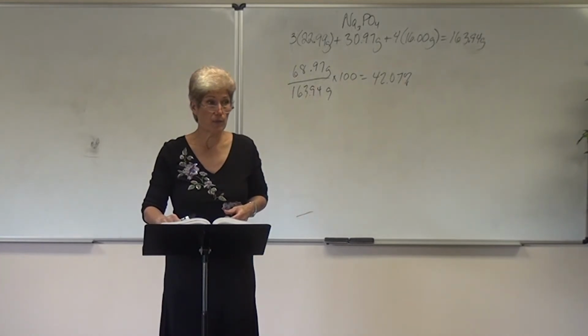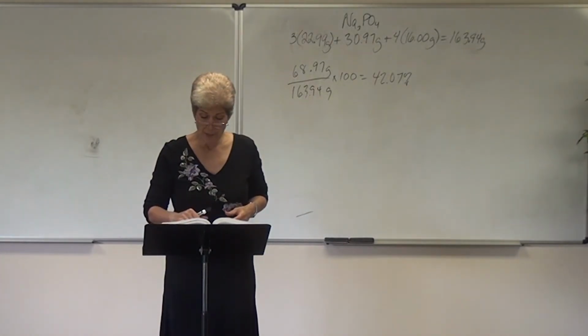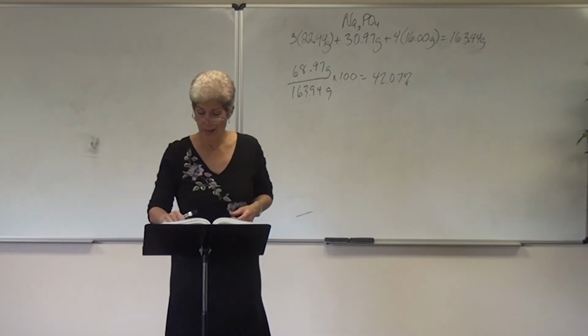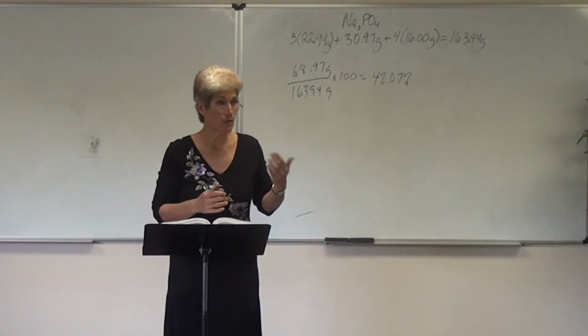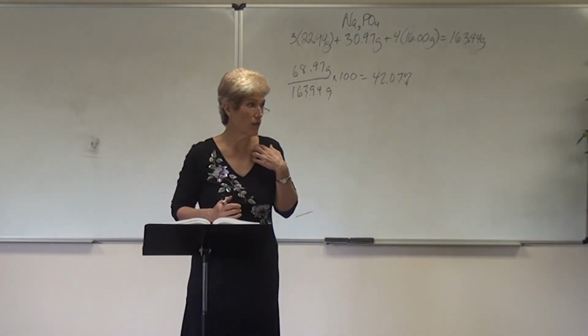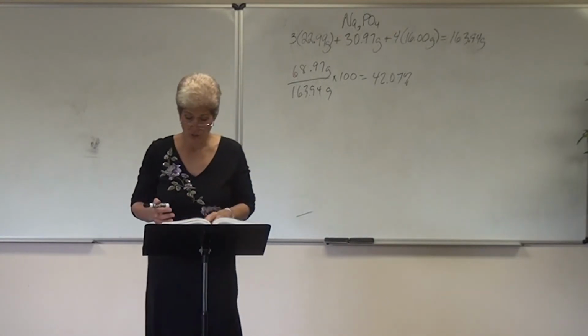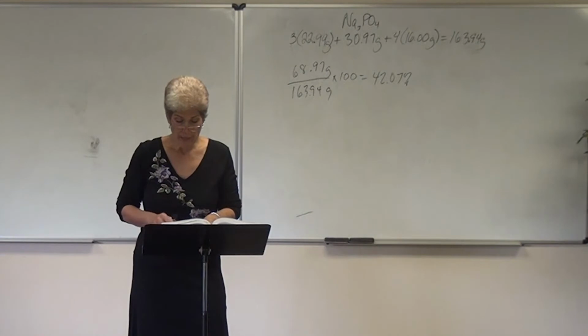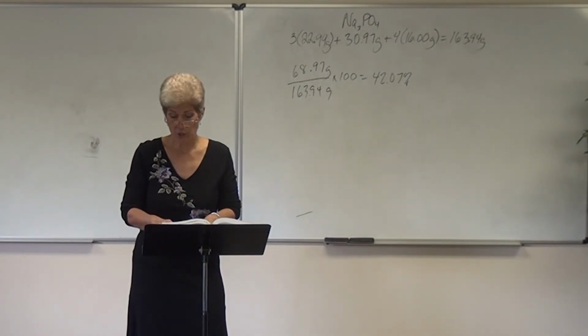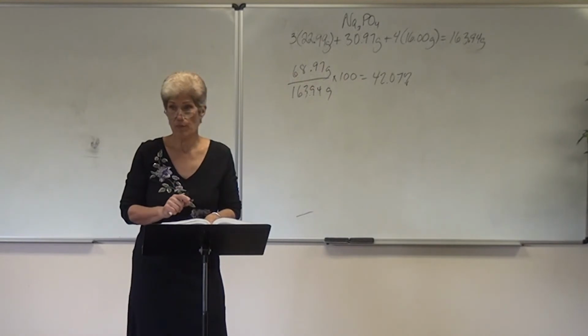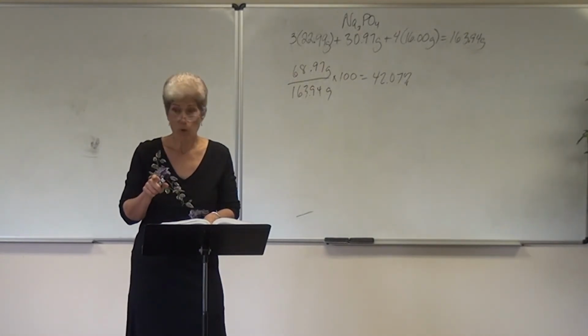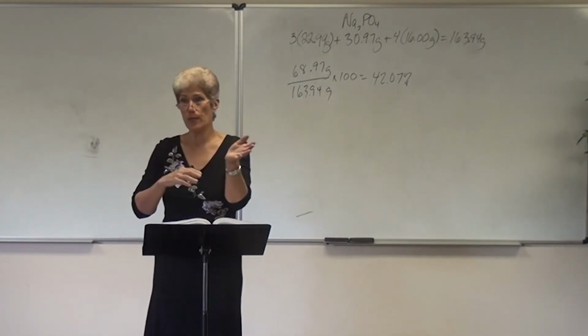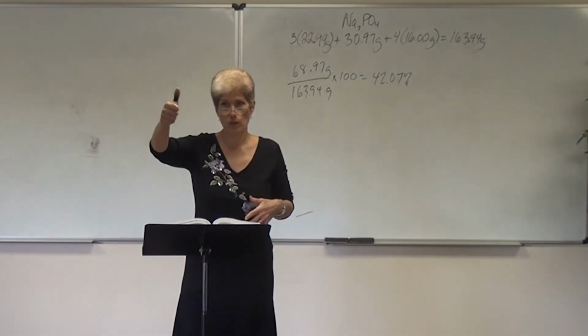You're not given the oxygen, but all you have to do is add up the grams of the other two and subtract from the original 500 grams. That gives you the grams of oxygen, and then you go to moles. Once you get everybody's moles, you divide everybody by the least, and you're good.